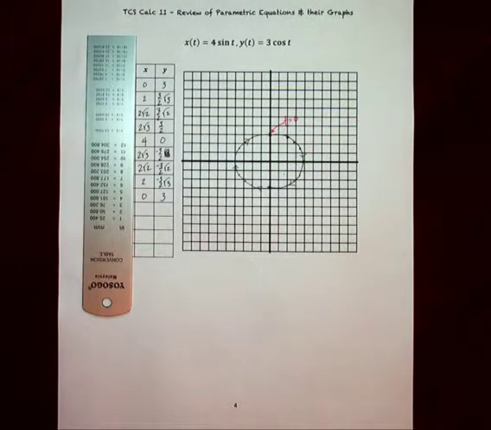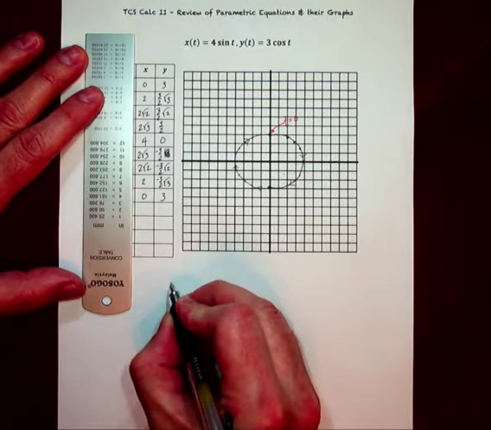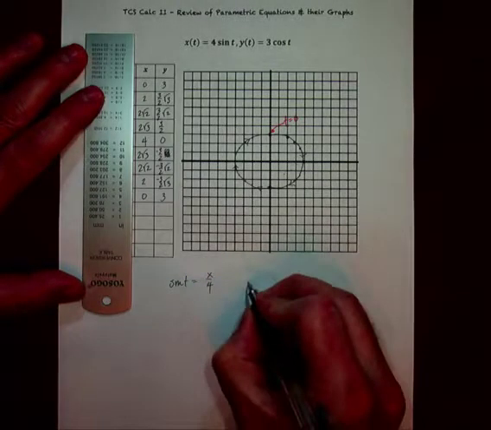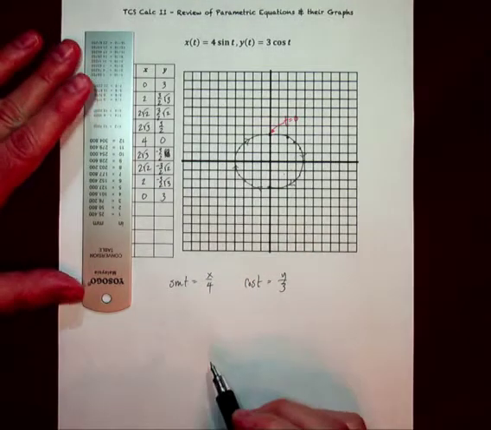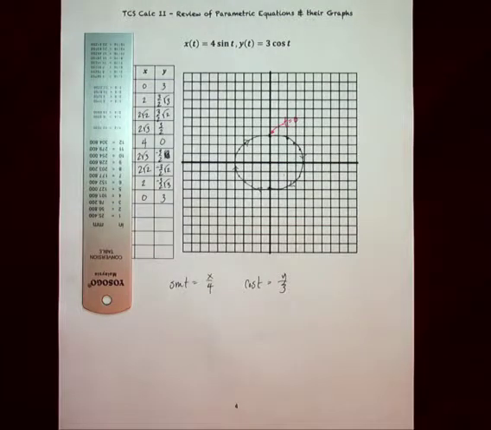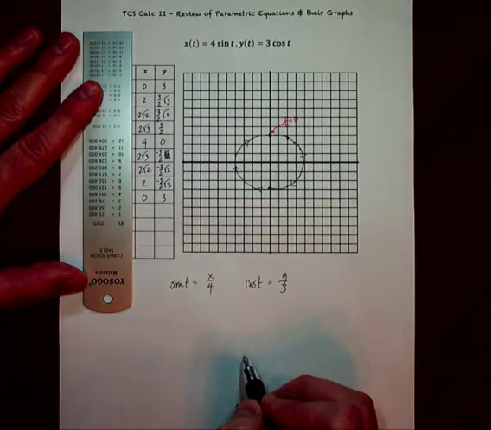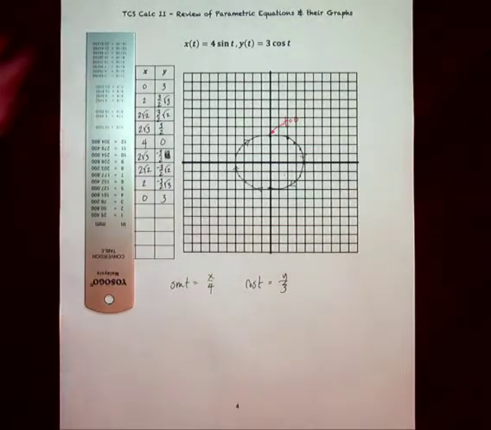This should make sense to us if we think in terms of eliminating the parameter. If we eliminate the parameter, I'm going to get sine t equal to x over 4, and cosine t equal to y over 3. Well, since sine squared plus cosine squared is equal to 1, and since addition is commutative, it's the difference between x squared over 16 plus y squared over 9 and y squared over 9 plus x squared over 16, which doesn't matter to the actual shape of the graph.